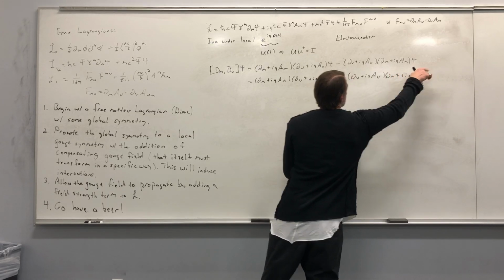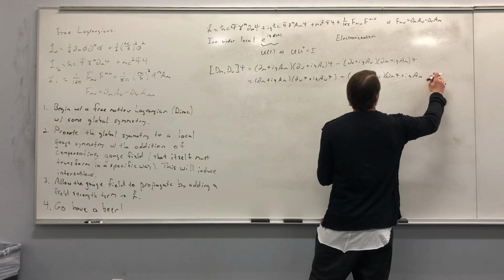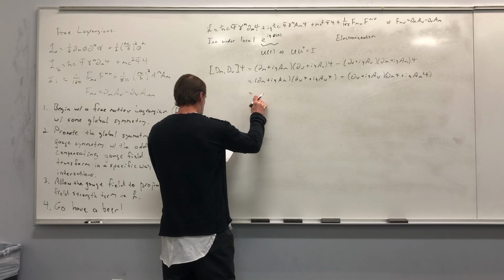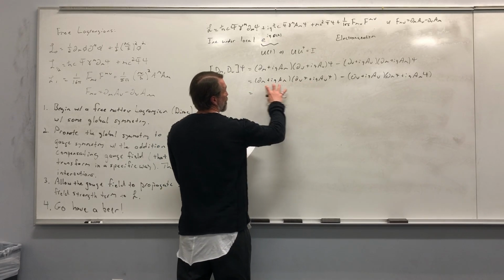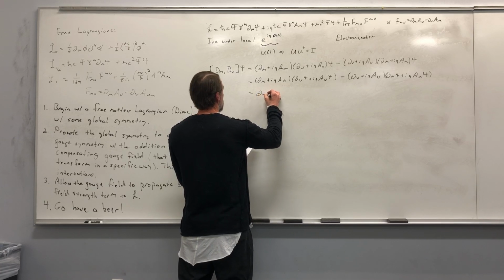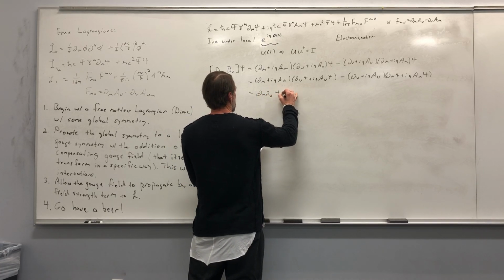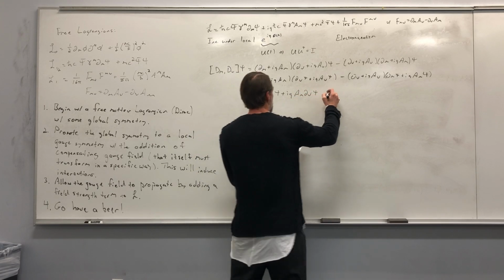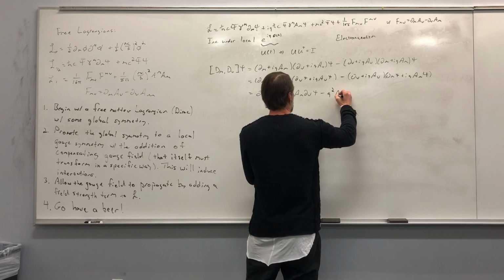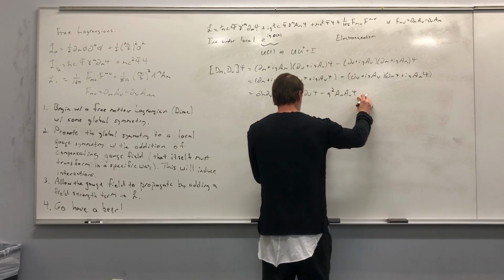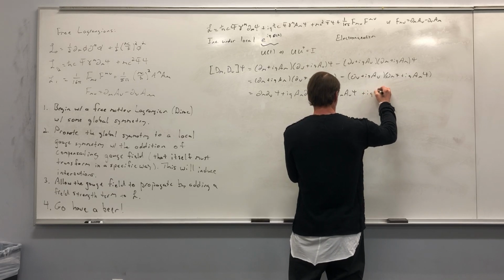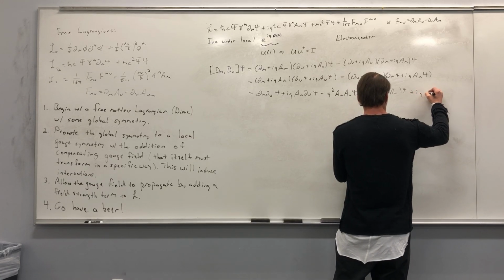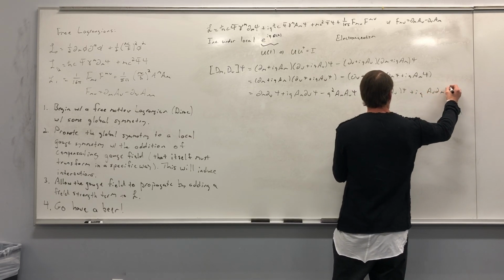I'm just putting these inside of these parentheses. Now we can act on this term with this one, and this is going to generate d nu psi plus iq a mu d nu psi minus q squared a mu psi plus iq d nu a nu psi plus iq a nu d nu psi.